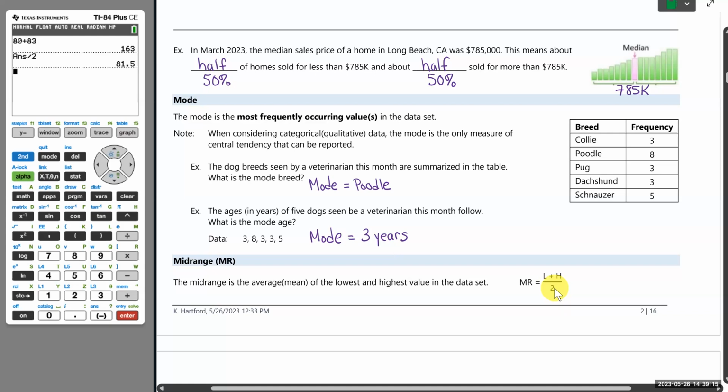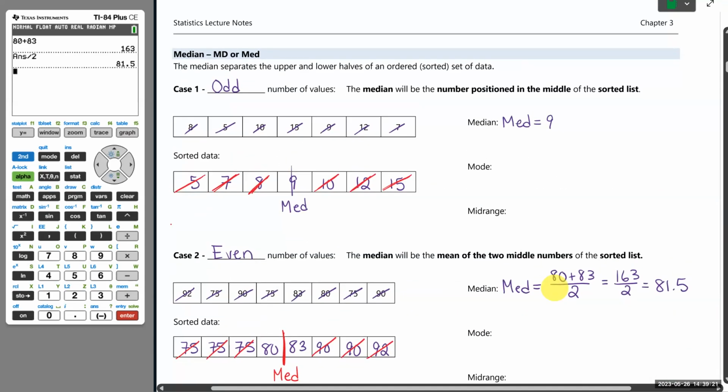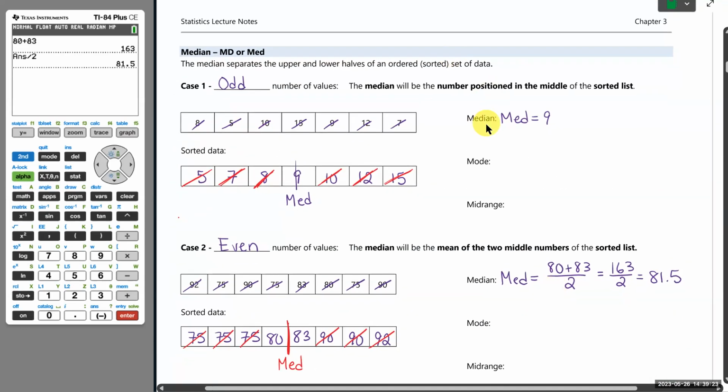So I'm going to review those measures of central tendency back up with my example here. Let me go back to my first case. When I looked at an odd number of data values, we had found the median. And now let's do the mode for this example. The mode is the value that occurs with the highest frequency. And in that list, actually, no number there appears more often than any other number.